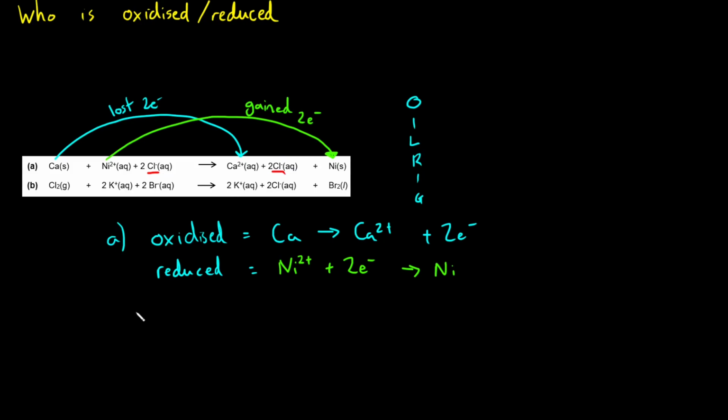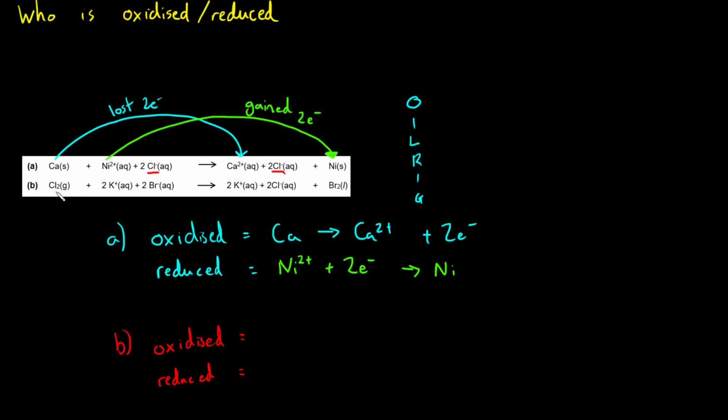Okay, let's look at part B here, and again let's figure out who is being oxidized first of all, and then see who is being reduced. Chlorine on the left hand side is the chlorine neutral atom. It has no charge.